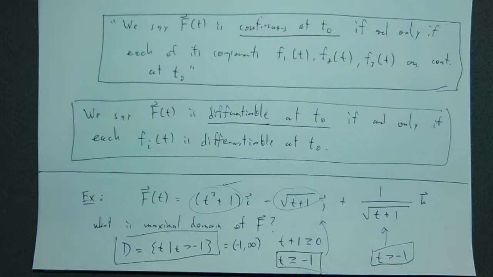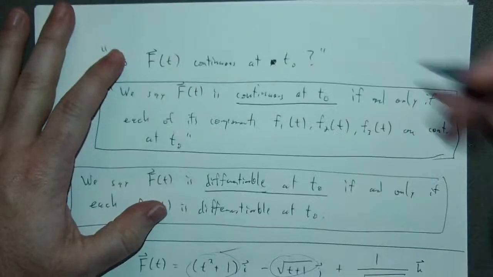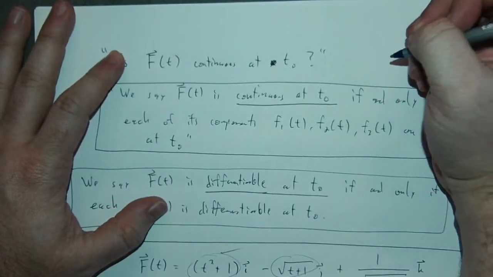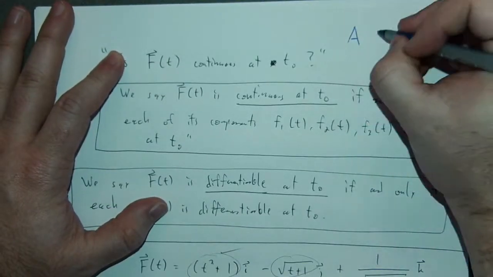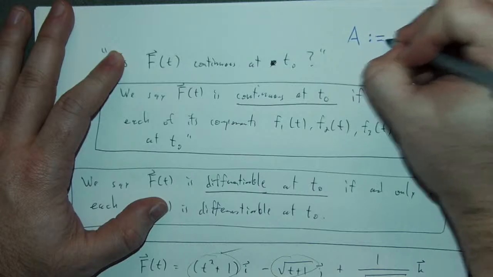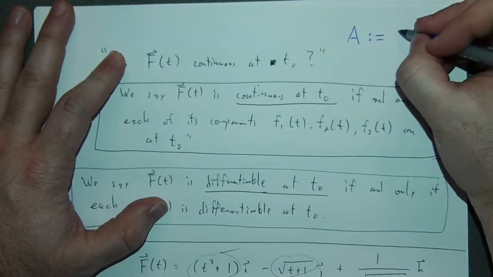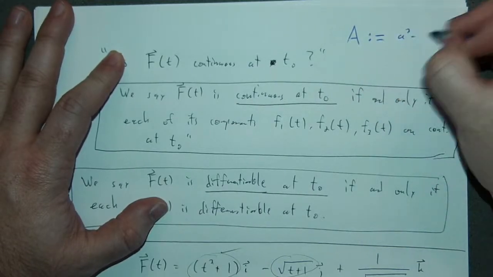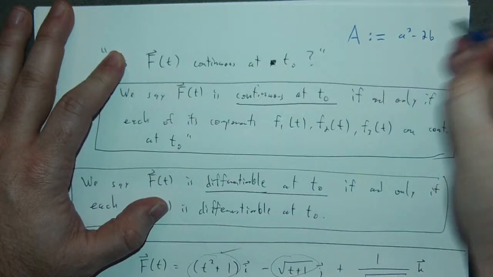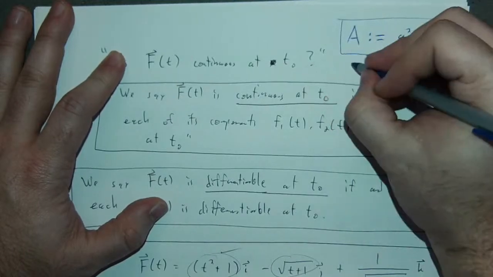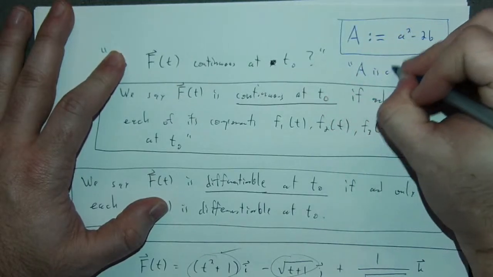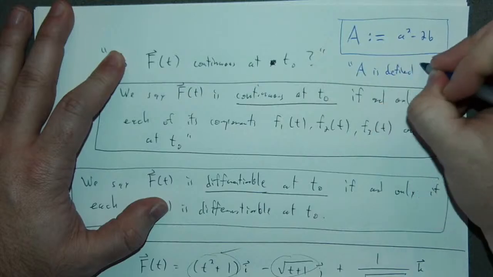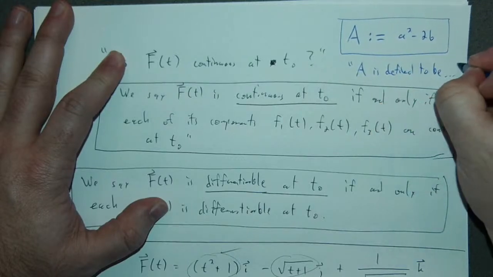What is the symbol with two dots? That means defined to be. If I write A colon equals A squared minus 2B, what this means is that big A is defined to be that stuff.